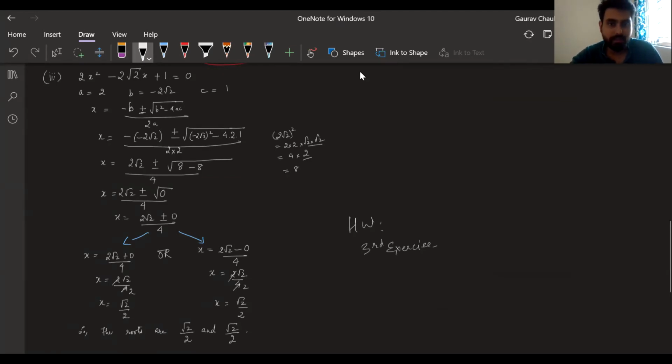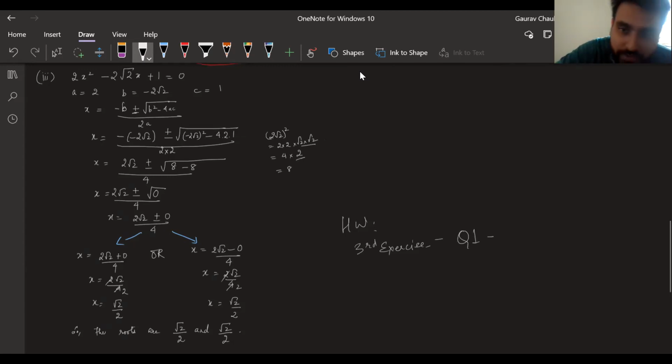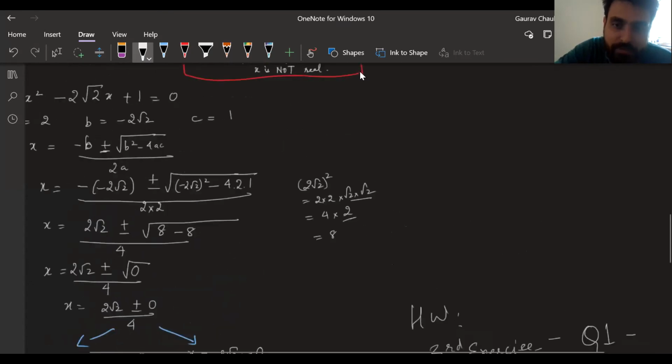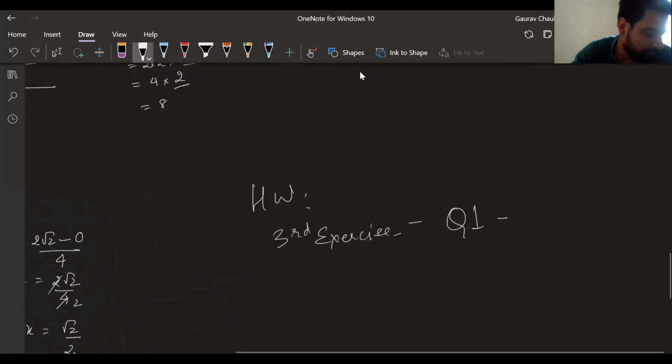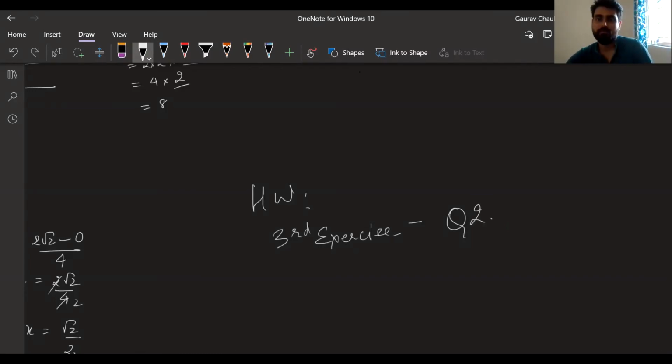Question 1, they have given by the completing the square method. You have to do it using the quadratic formula method. Basically, just write question 2. Question 2, they are saying the same thing, you do it by quadratic formula. When you open it, you will understand. This is one homework.